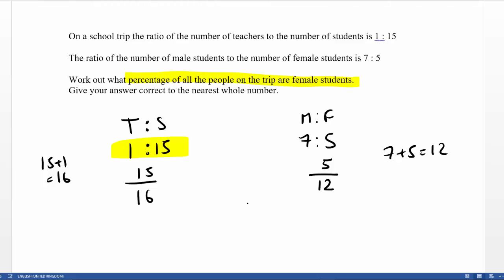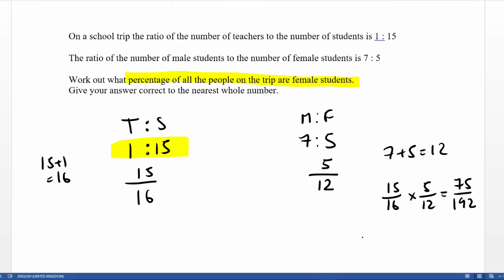What I'm going to do, I'm going to multiply these two together. So I'm going to do 15 over 16 times 5 over 12. Okay? So that's going to give me 75 over 16 times 12, which is 192. Okay?